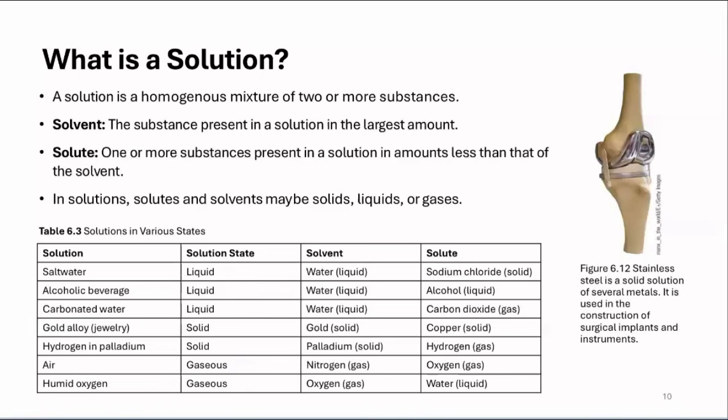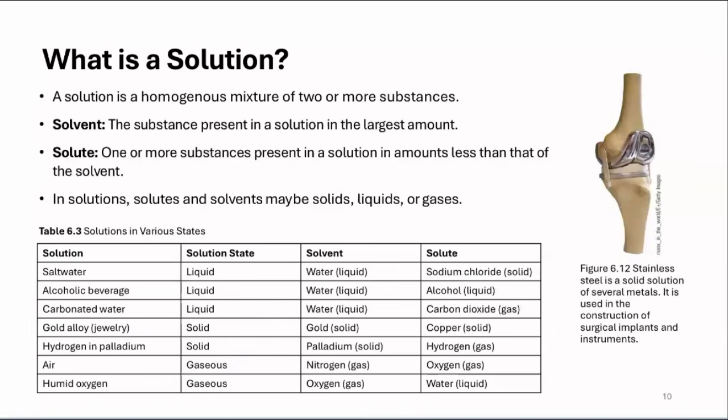Looking through the examples, we can observe that salt water is an example of a liquid solution in which our solvent is water and our solute is going to be the ionic compound sodium chloride. An example of a solid solution is going to be an alloy.